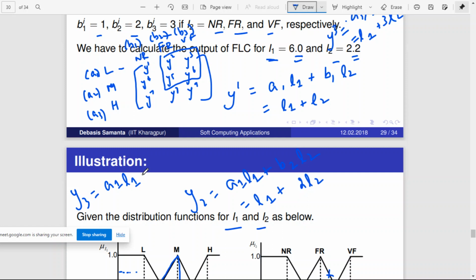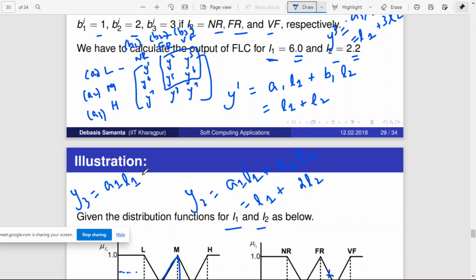Similarly, the last rule. What is the last rule? It is Y6, connected with A2 L1 plus B3 L2. These two are always L1 and L2. A2 is 2 and B3 is 3, so 2L1 plus 3L2.